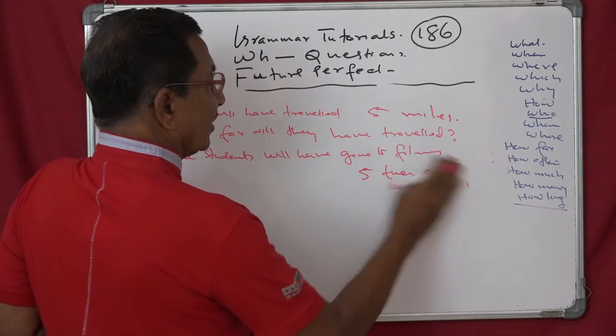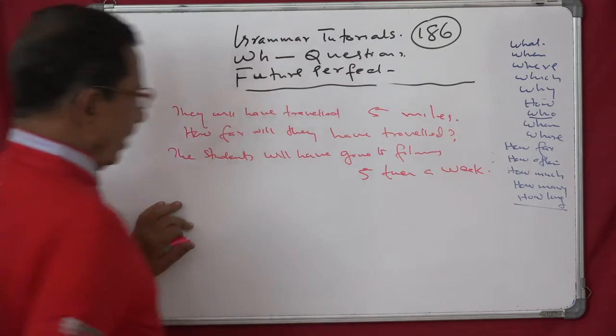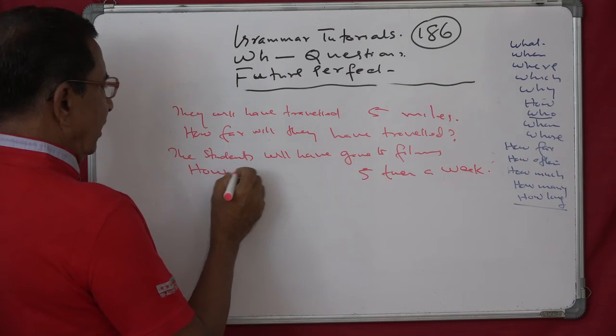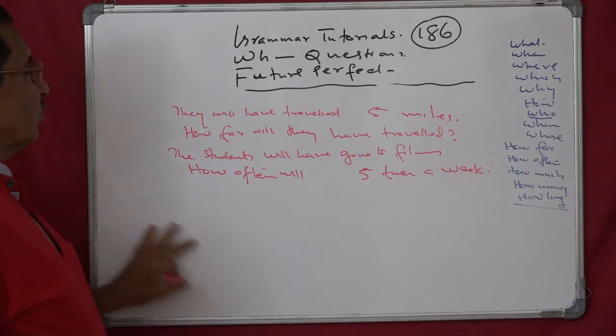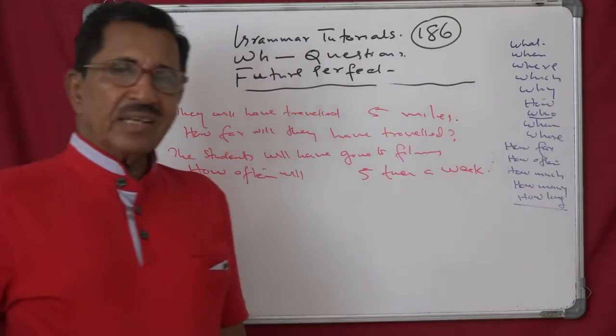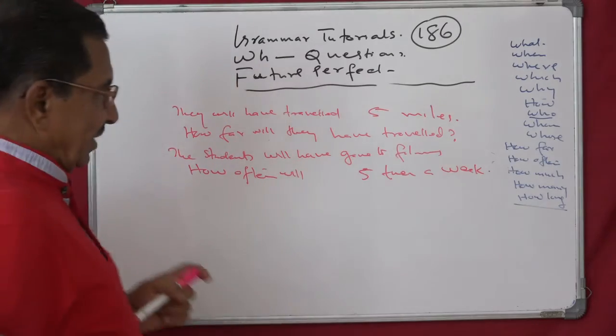Oh no, a week. Sorry, it's impossible. So a week, every weekend. Then you can ask a question: how often? How often will the students have gone to films? Then the answer is 5 times a week. Isn't it? 5 times a week, 6 times a week, that depends.